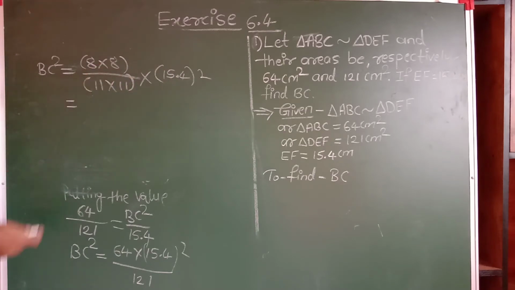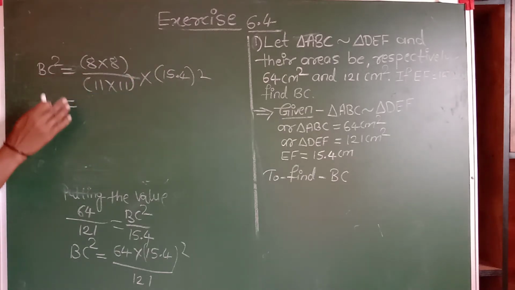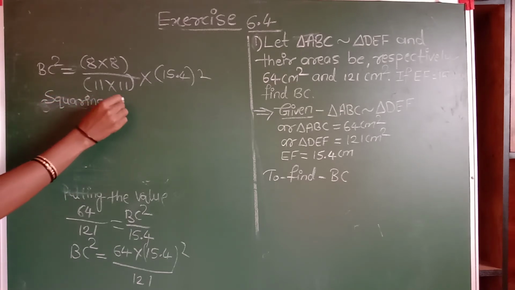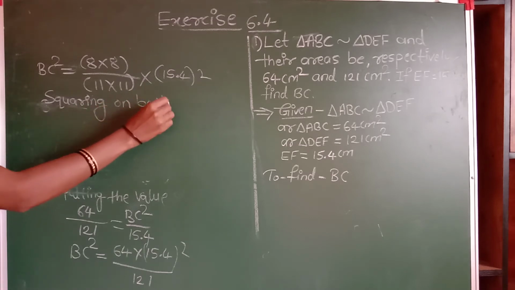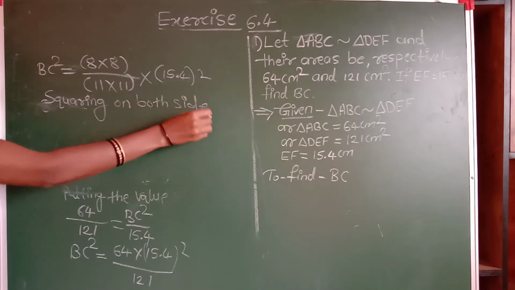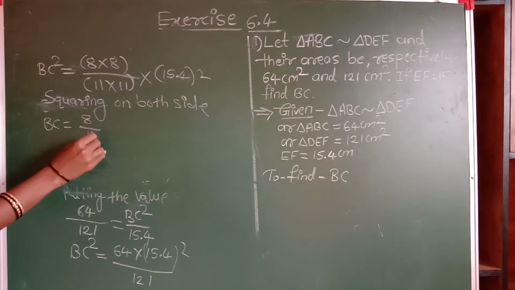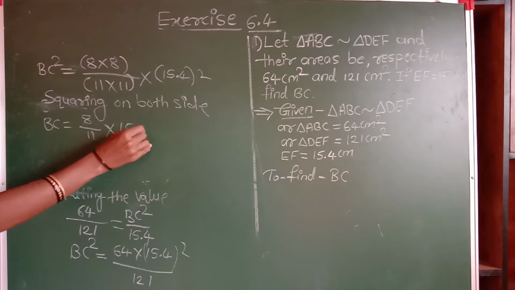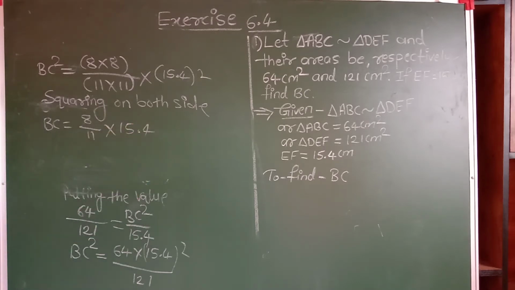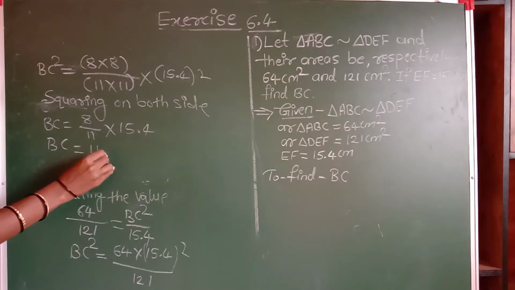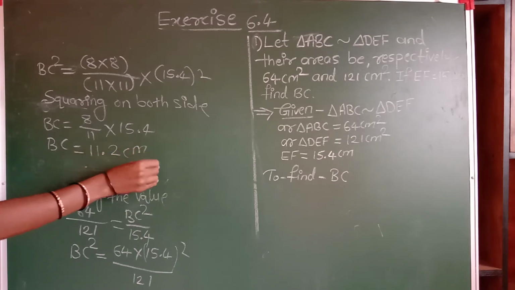So if we take square root on both sides, what will we get? BC is equal to 8 divided by 11 into 15.4. So we get BC here as 11.2 centimeter.